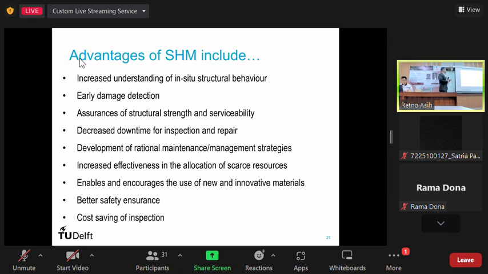So: increased understanding, early damage detection, assurance of structural strength and serviceability, decreased downtime, development of rational maintenance, increased effectiveness in allocation of resources, enabling and encouraging the use of new and innovative materials, better safety assurance, cost saving of inspection. You know, they are still using inspection now, but they are not using it cost effectively. So this helps that way as well.